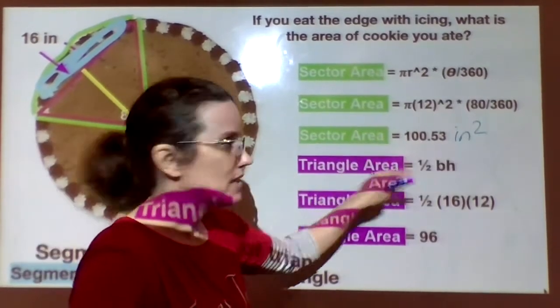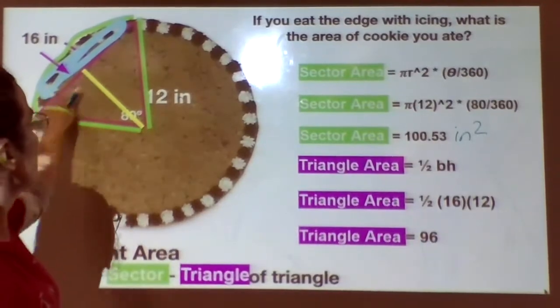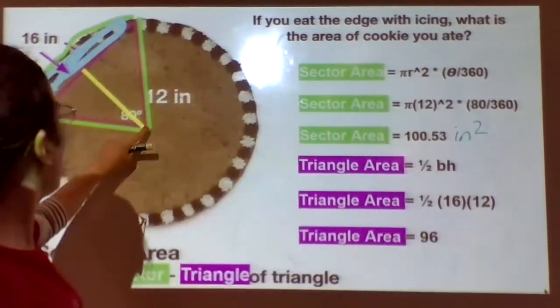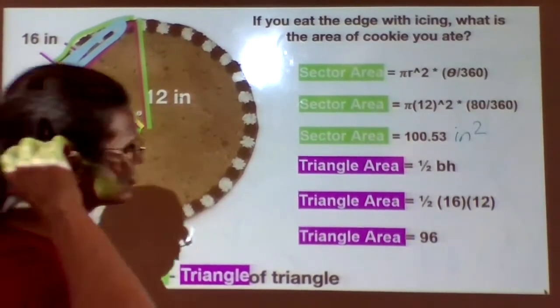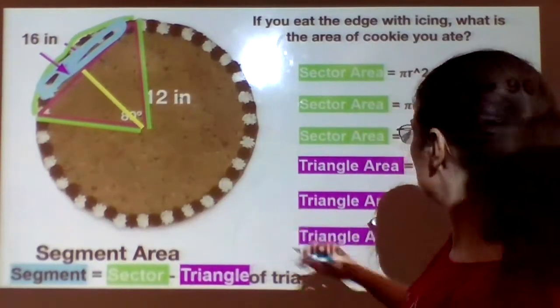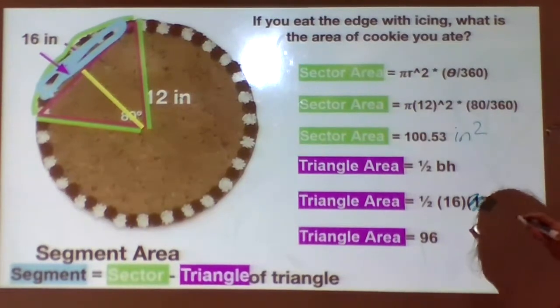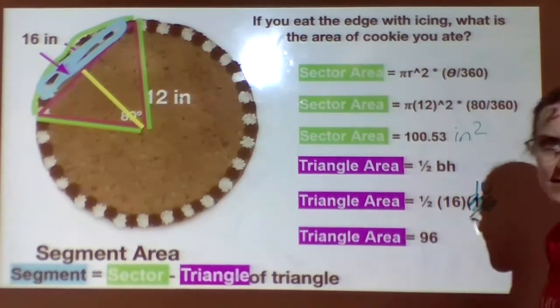The area of a triangle is half base times height. And so my base here is this 16 inches along the bottom. And my height is going to be this little piece right here. And I've said 12 here, but that's wrong. That's my apothem, and my apothem is not the same as my radius. So I'm going to cut that off, and I'm going to say that that's actually, instead of 12, 10.